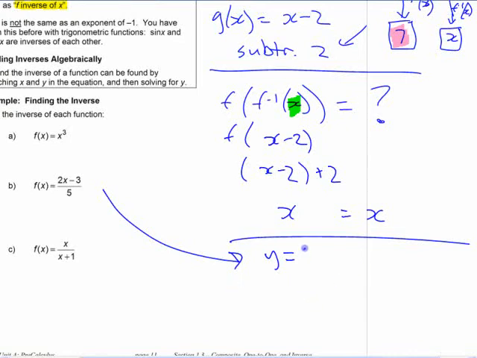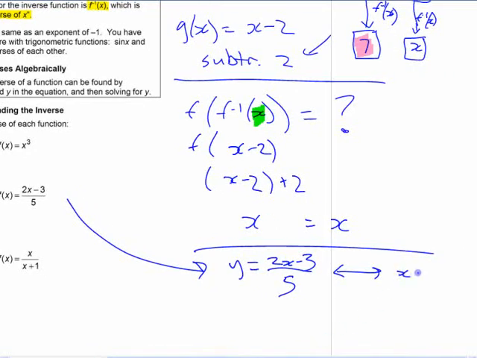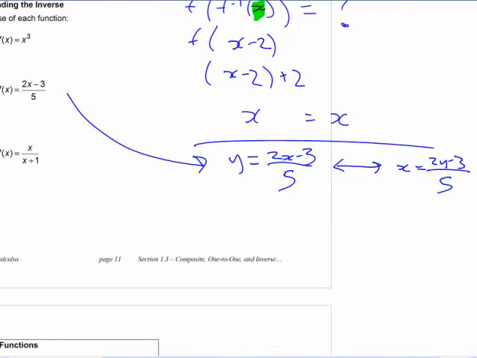If I take this function and change it around here, the inverse is going to be if you switch x and y. If I change this to x equals 2y minus 3, on a graph, the inverse is reversing the coordinates of a point. It's reflecting over a diagonal line.